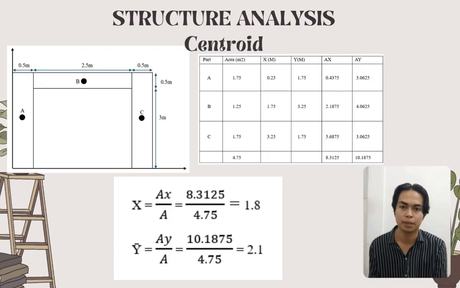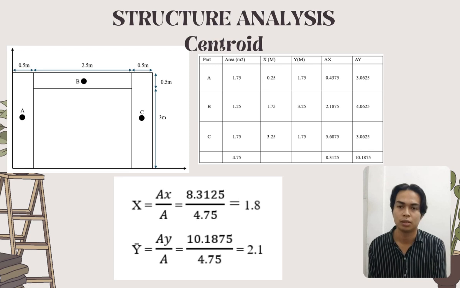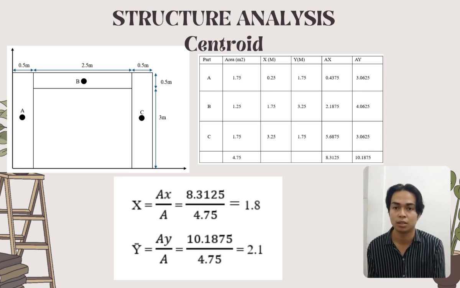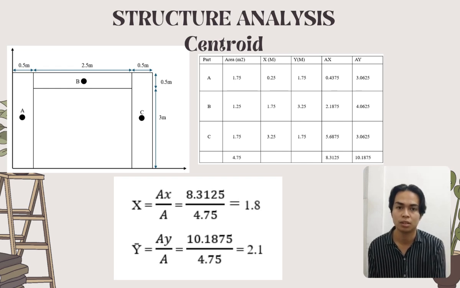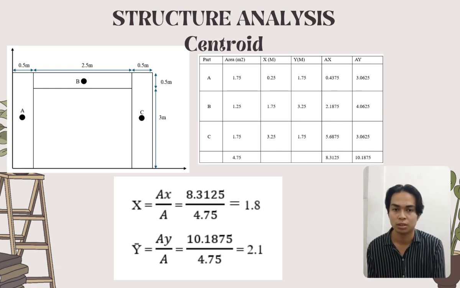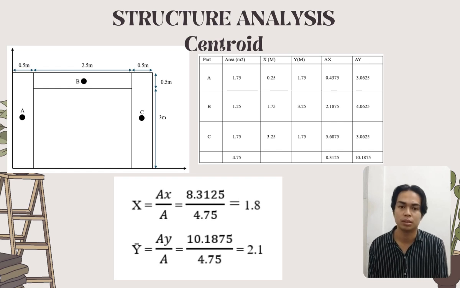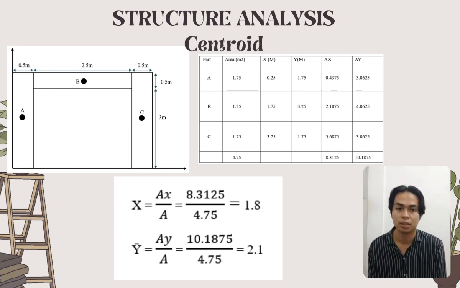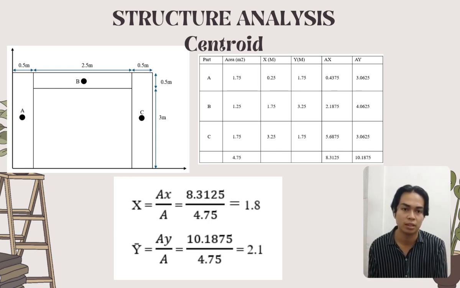Alright, now for this part, we need to analyze the structure. The first step is to calculate the centroid of the structure, which is already separated into 3 parts, A, B and C. Then we calculate the area of each part and the coordinates of each part, and multiply both of them, areas and coordinates.